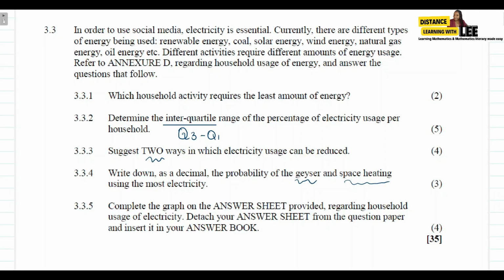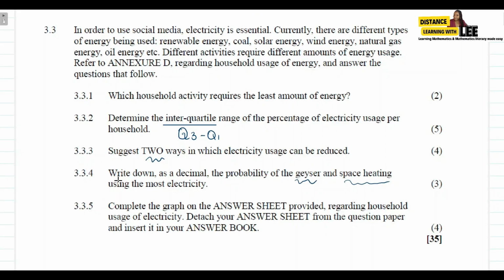The last question says that we need to complete the graph on the answer sheet provided regarding household usage of electricity. Detach your answer sheet from the question paper and insert it in your answer book. So we basically need to complete the graph that is given to us, right?